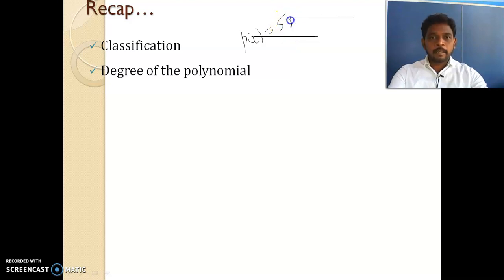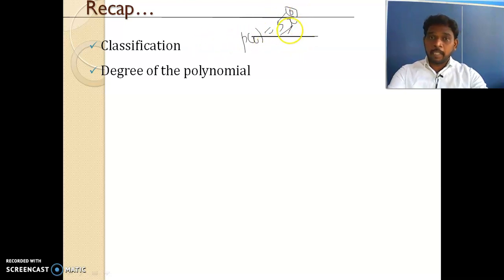You can write it with the variable to the power 0, x to the power 0 or y to the power 0, because anything to the power 0 is 1. Now check whether it is a combination of variable and constant. Yes, and the power of the variable is a whole number. Therefore, it is a polynomial and it contains only one term.